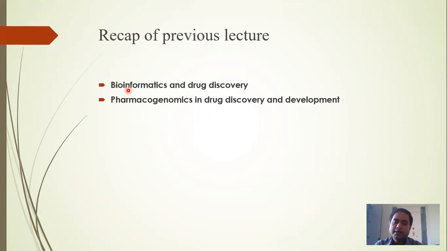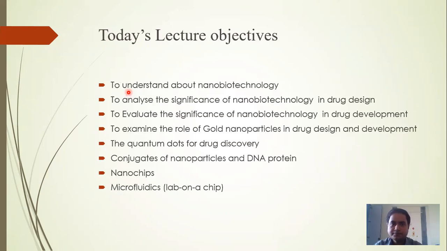Also, we have learned about pharmacogenomics applications in drug discovery and development. We have analyzed previously how molecular diagnostics to find the SNP, as well as personalized medicine, help the drug discovery and development process.